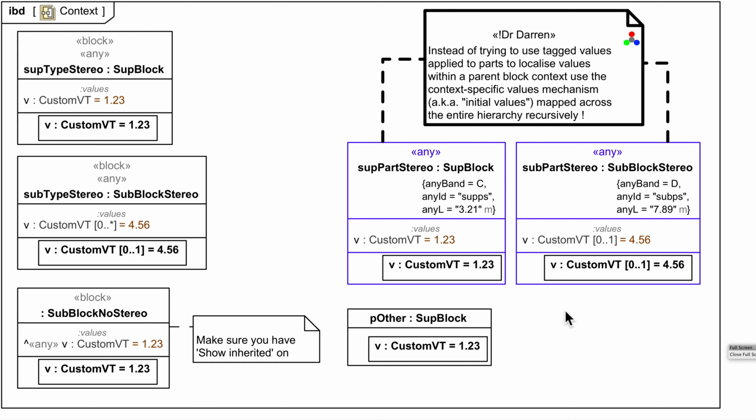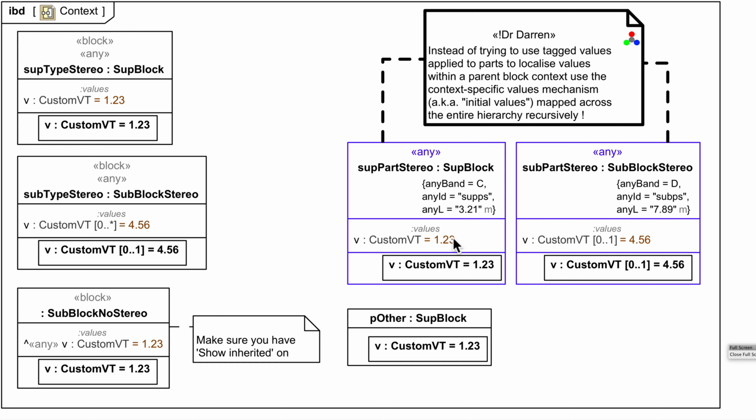One reason people might try to do this is to try to get part-specific values in for the length. You see, if I have, for example, this value here, default value, you've got to be careful to have that display option on here, otherwise you won't see it.